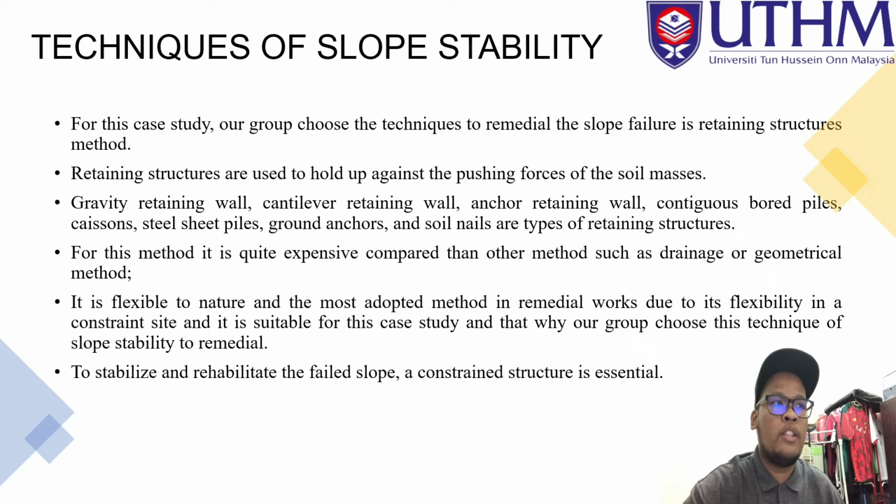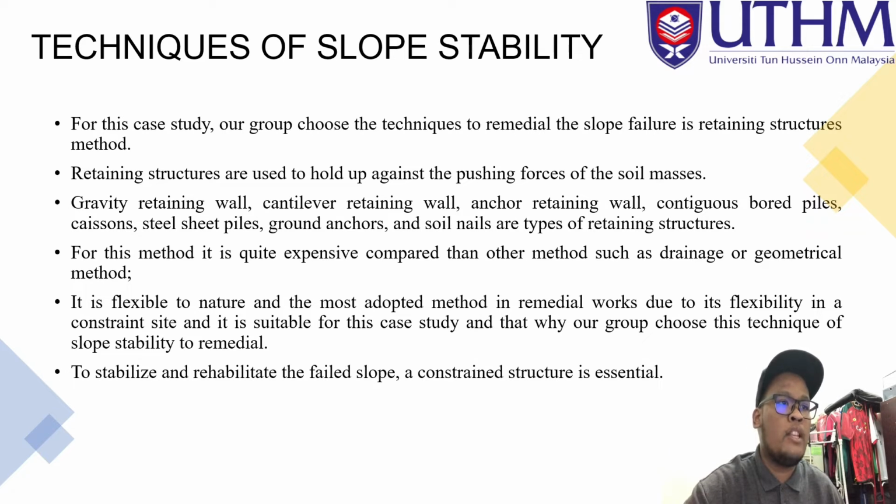Retaining structures are used to hold up against the pushing force of the soil mass. Gravity retaining wall, cantilever retaining wall, anchor retaining wall, contiguous bored pile, caisson, steel sheet pile, ground anchor, and soil nails are the types of retaining structure.